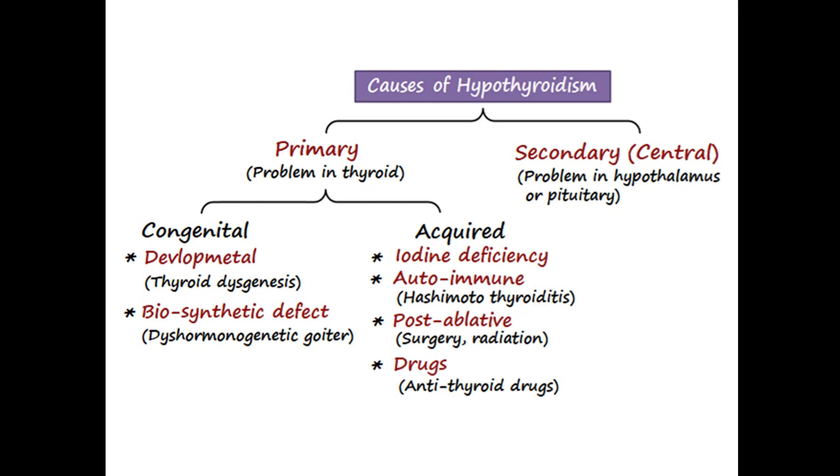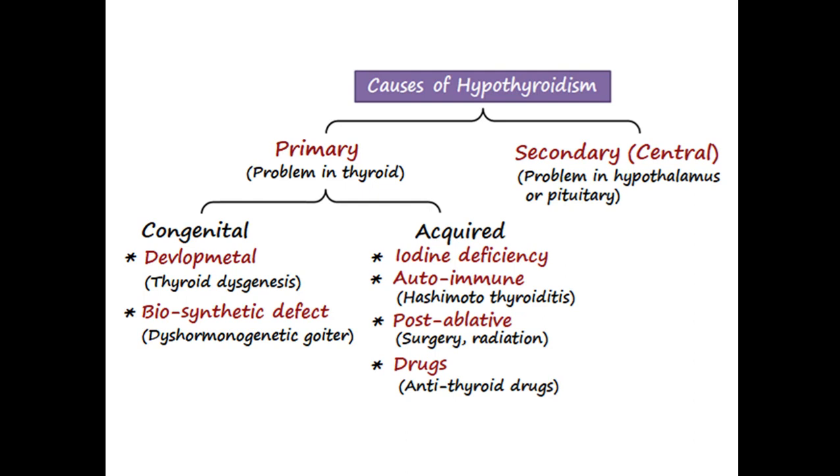The immune system considers the thyroid proteins as foreign, as normally it should not. So by considering the thyroid proteins as foreign, the immune system attacks the thyroid gland and destroys the follicular cells. So Hashimoto thyroiditis is the first cause of hypothyroidism in those areas and countries where there is no iodine deficiency.